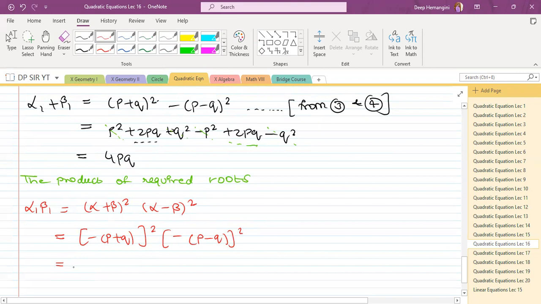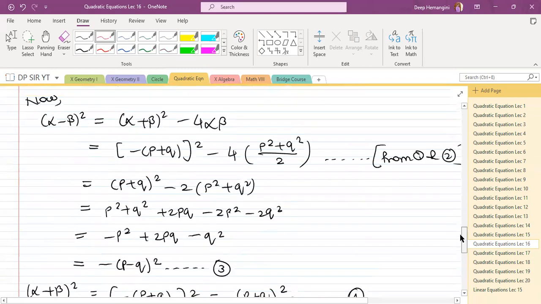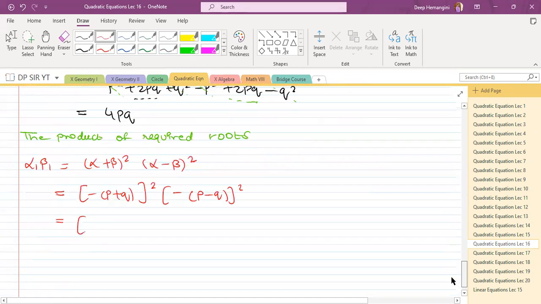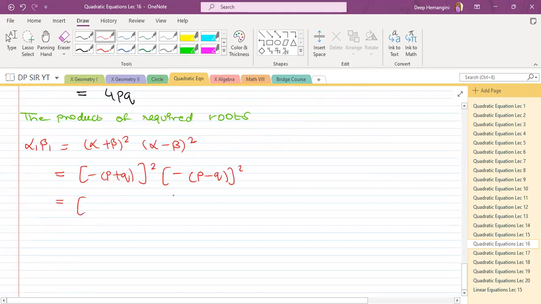I hope I'm not going wrong since till here, it's very correct. Whew, this question is never ending. So yeah, we are right. Just try to expand it. That is, here will come p plus q the whole square and here will come, take minus outside.